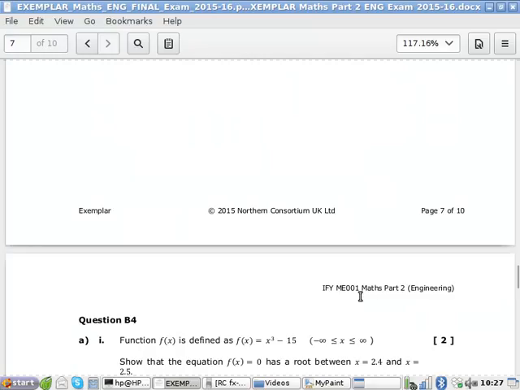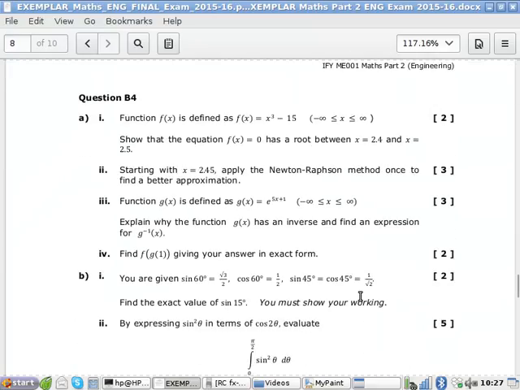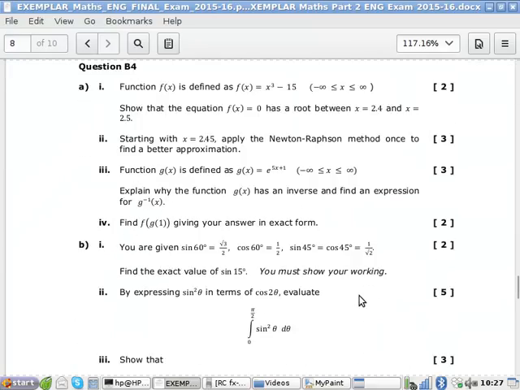That's the end of it. Okay. Show that f(x) has a root between 2.4 and 2.5. Do you remember how to do that? Start. Part 1.